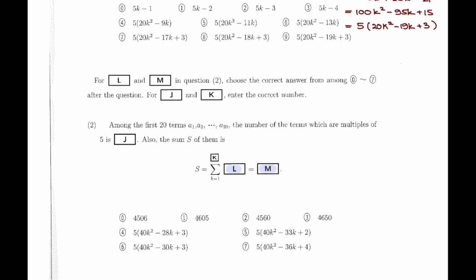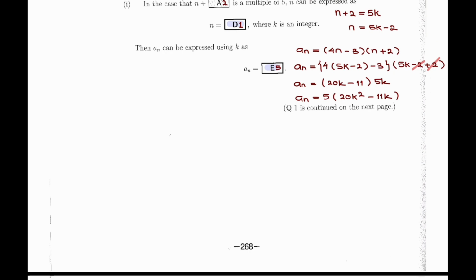The question is, among the first 20 terms of A, the number of terms which are multiple of 5 is blah blah blah. I already know that an is equals to either this one or this one.